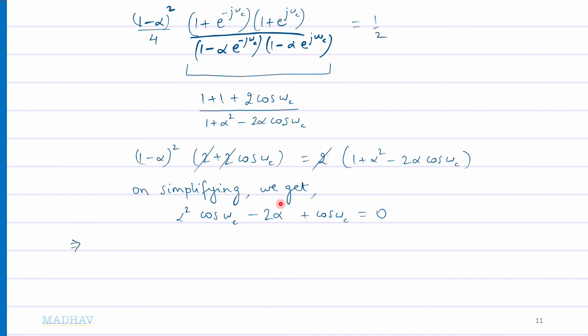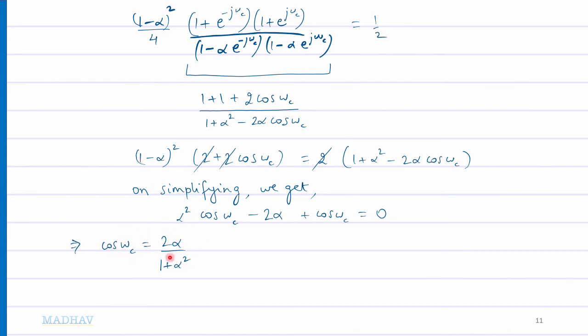Let's try to simplify it. It's very easy to find the value of cos omega c on the left hand side and everything in alpha on the right hand side. This is one way to write the whole thing, but this gives us the relationship. But let's say if I'm given an alpha, how do I find an omega c?